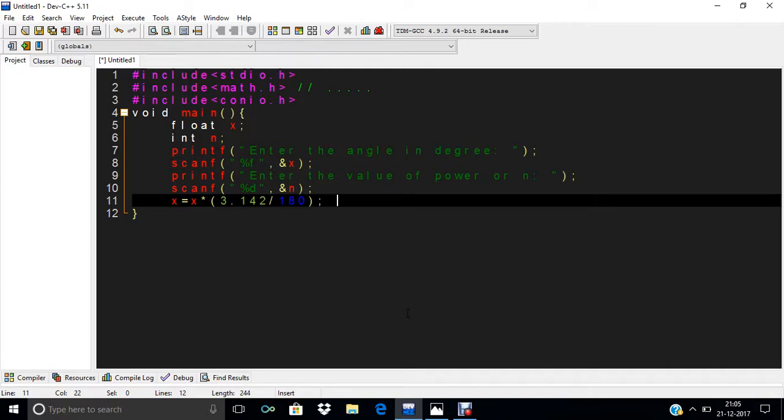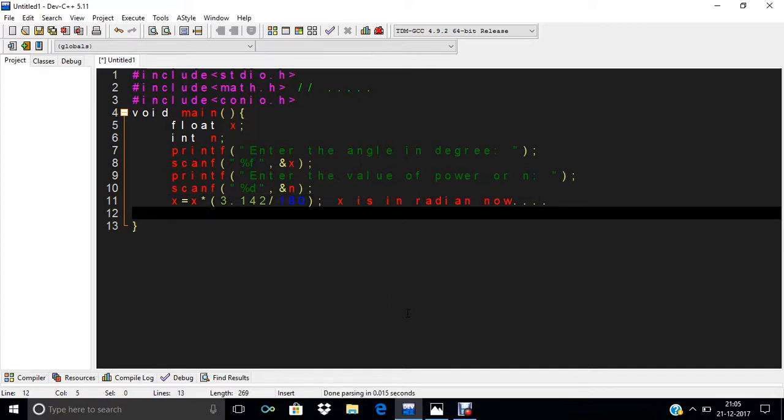Here you go. Now x is in radians. So it was pretty simple. Our x is now in radians, we have converted it.